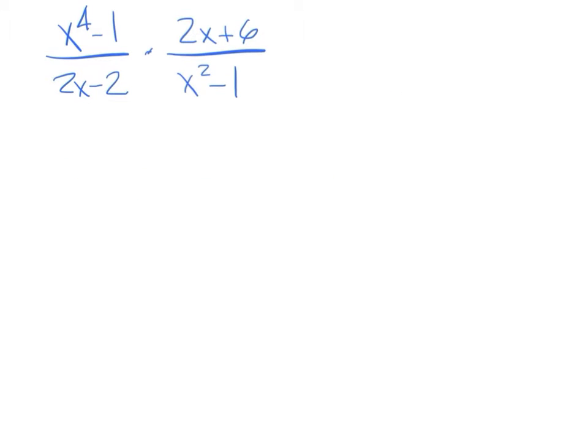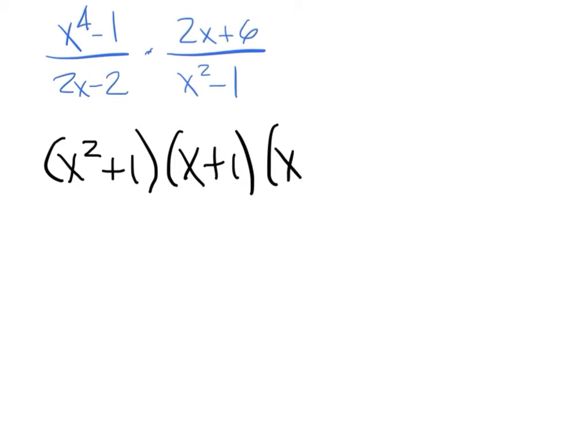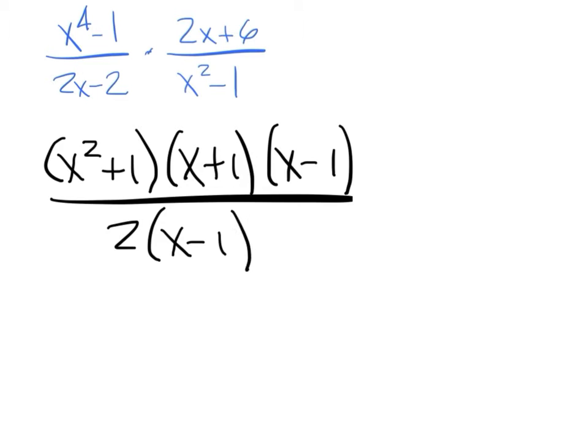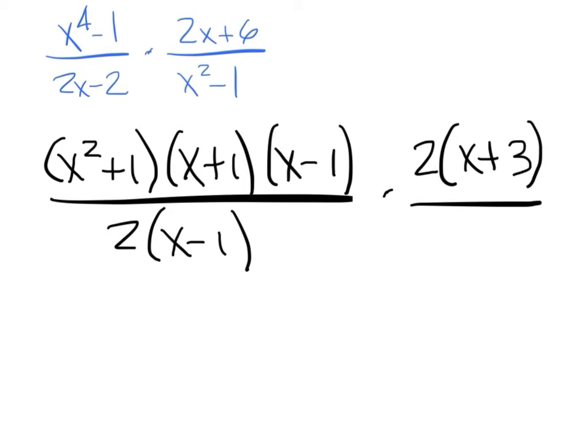On the practice problem, you can factor out the x to the 4th minus 1 as x squared plus 1 times x squared minus 1, and x squared minus 1 is also a difference of two squares. On the bottom, you can have 2 times x minus 1. Over here, 2 times x plus 3, and on the bottom, x plus 1, x minus 1.